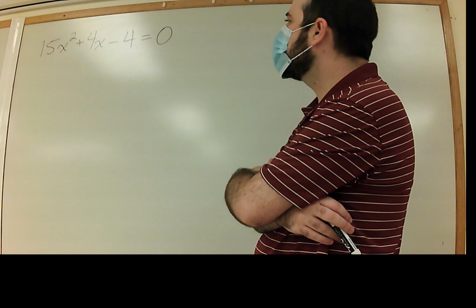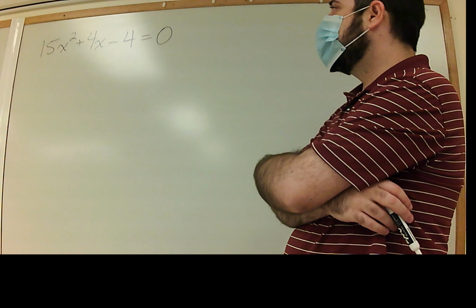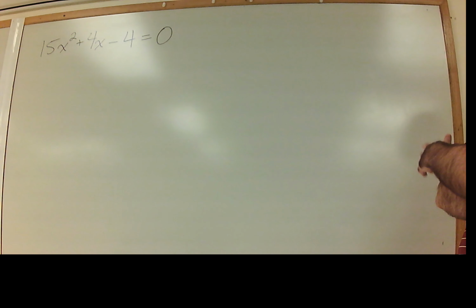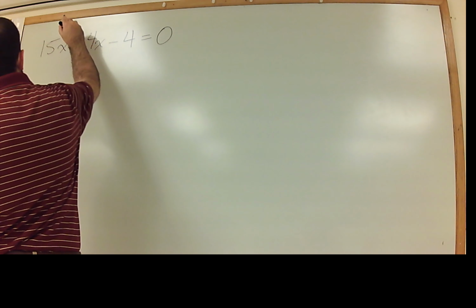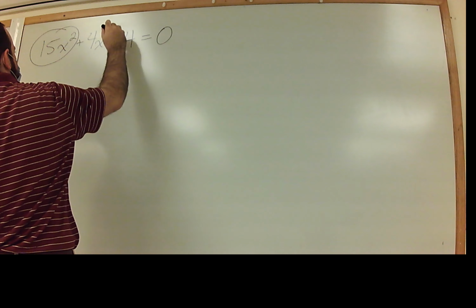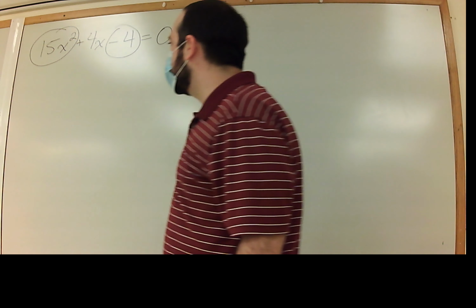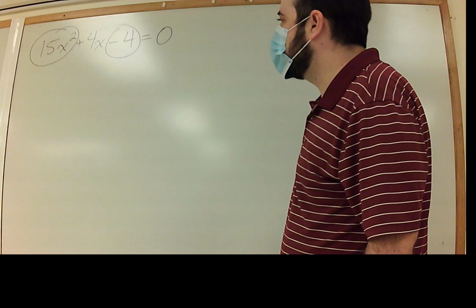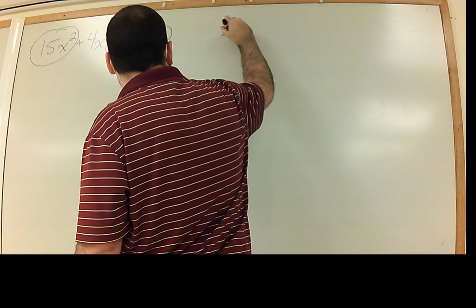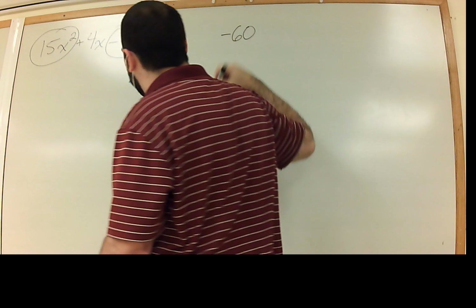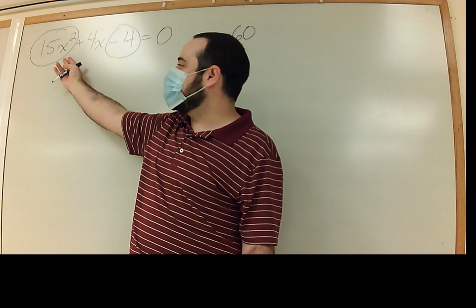You add the two numbers, like the 15 and the -4, or multiply? Yeah, on that track, we're going to multiply them. Okay. Multiply them. So we're taking these two and multiplying those. So 15 times 4 is 60, so -60. And I like to keep the variable also.